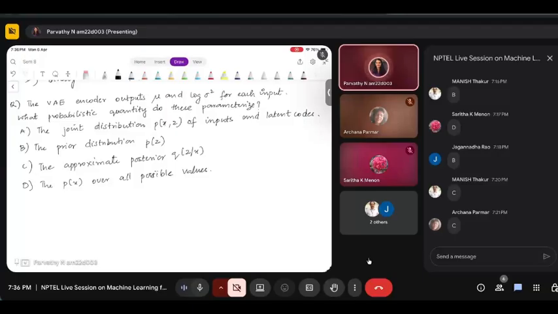The VAE encoder outputs mu and log of sigma square for each input. What probabilistic quantity do these parameterize? The joint distribution P of x comma z of inputs and latent thought? The prior distribution P of z? The approximate posterior Q of z given x?